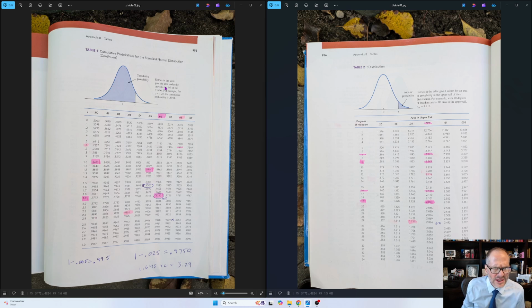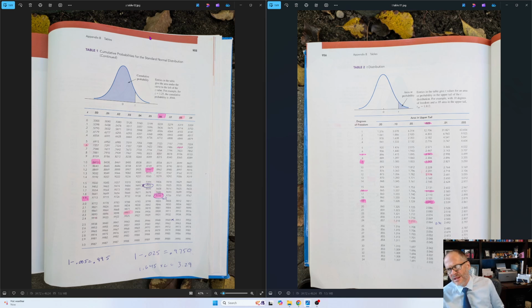If you read this here, entries in the table give the area under the curve to the left of the z value. For example, for z 1.25, 1.25 would be right here. The cumulative probability is 0.8944, so 89.44% of the data would be from here to the left if our z value was 1.25. And then over here we have the t-distribution.